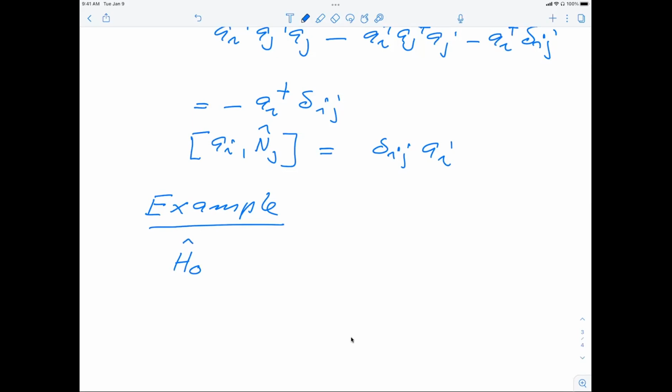So this could contain the kinetic energy. It could contain an external potential. And you remember that what we did was to sum over the number of particles. And then we had this operator here, where we had the general coordinates. So this could include the spatial degrees of freedom, but it could also include the spin degrees of freedom.